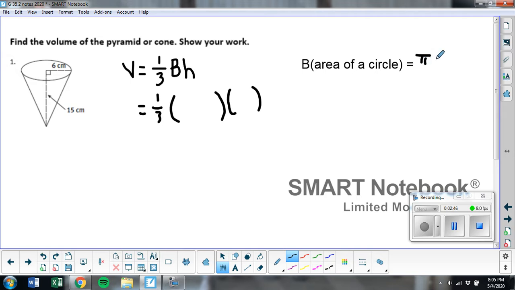Pi r squared. What's my radius? Looks like 6. 6 squared is 36. We're kind of in the habit of leaving the pi there, so we don't have a long decimal that we have to transfer over here. We know the area of the base now, so we're going to transfer 36 pi right in here for B.